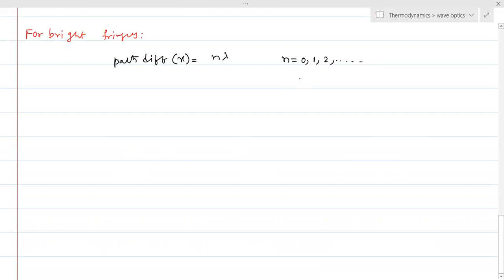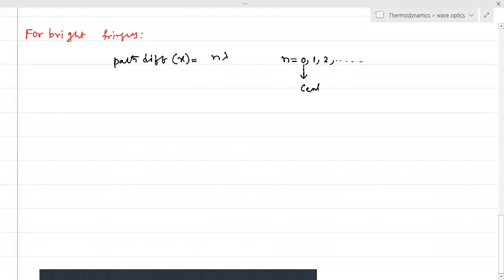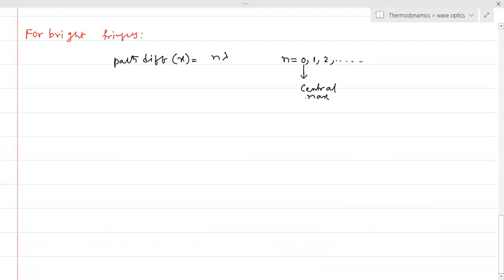You need to understand the beauty, because here we have the central maximum, so we have the zeroth number. This is the first bright fringe and this is the second bright fringe.